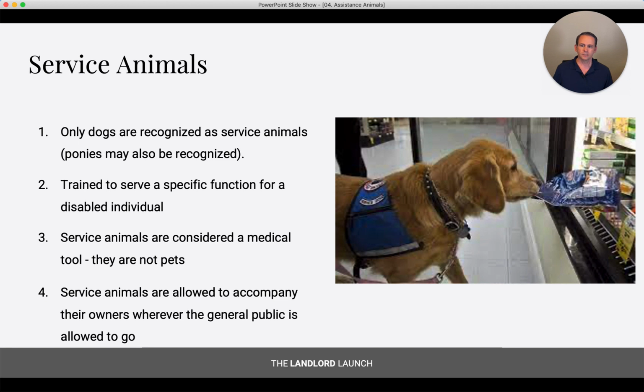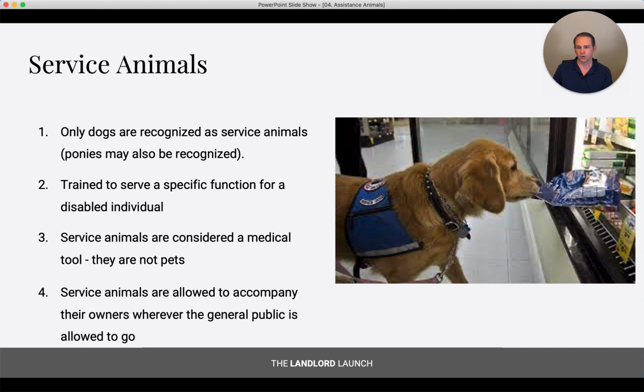Now, service animals are a little different. They are highly trained, very smart animals. Generally speaking, dogs are the only animals classified as service animals, although there are a few exceptions for ponies. But 99.9% of the time, it's a dog.